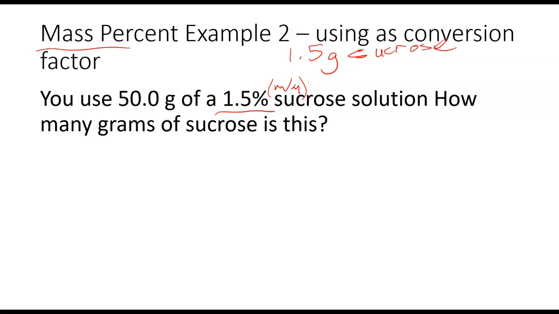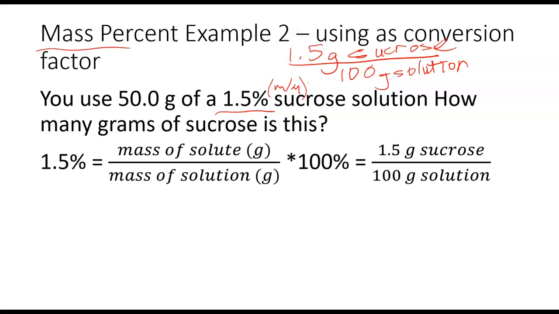It's a percent, so it's out of 100 grams of solution. I've broken that down here as well, so that we have 1.5 grams of sucrose for every 100 grams of solution.